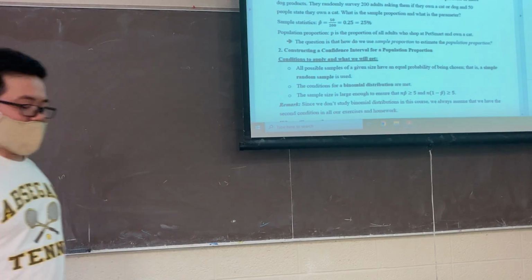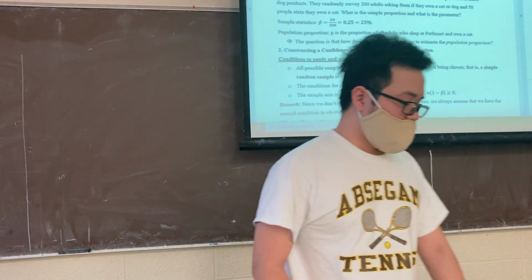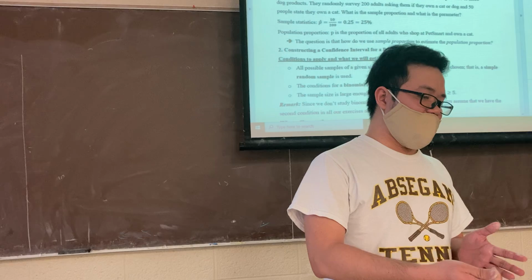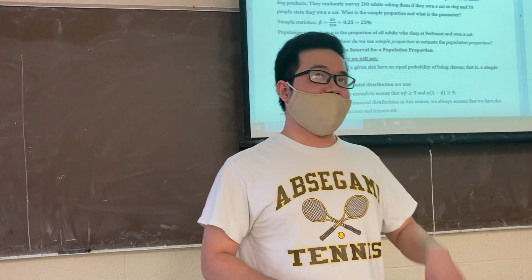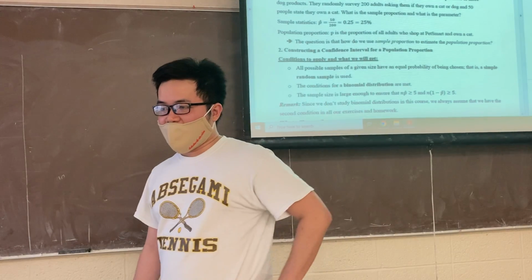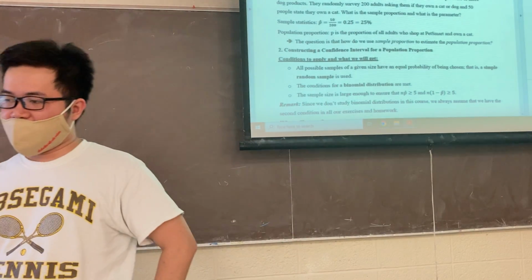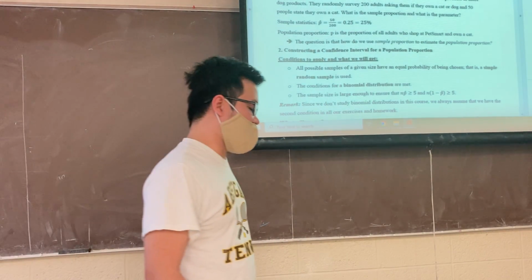This is similar to the previous class. When you want to estimate the population proportion, sometimes it's impossible. For example, I want to investigate the percentage of students at Western University using Instagram.